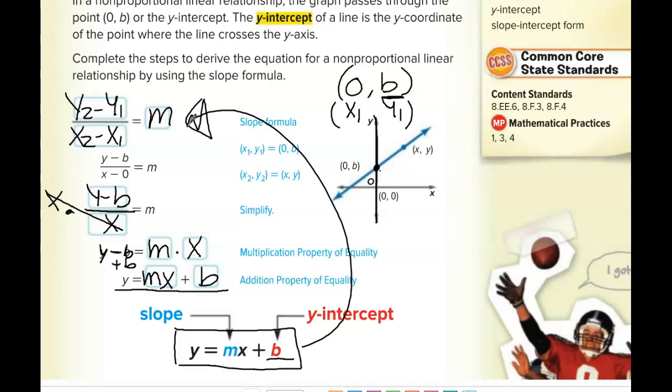I got all of that by using the slope formula. That's why it's called Slope-Intercept Form, okay? It gives me my slope and it's going to give me my y-intercept, okay? You're not going to have to solve this again. This point was to show you how you get this equation and why it's true, okay?